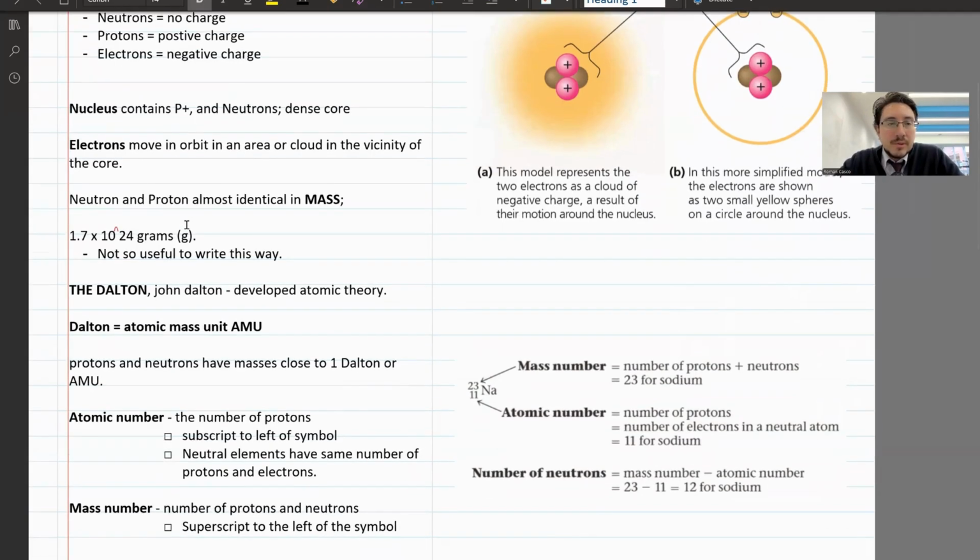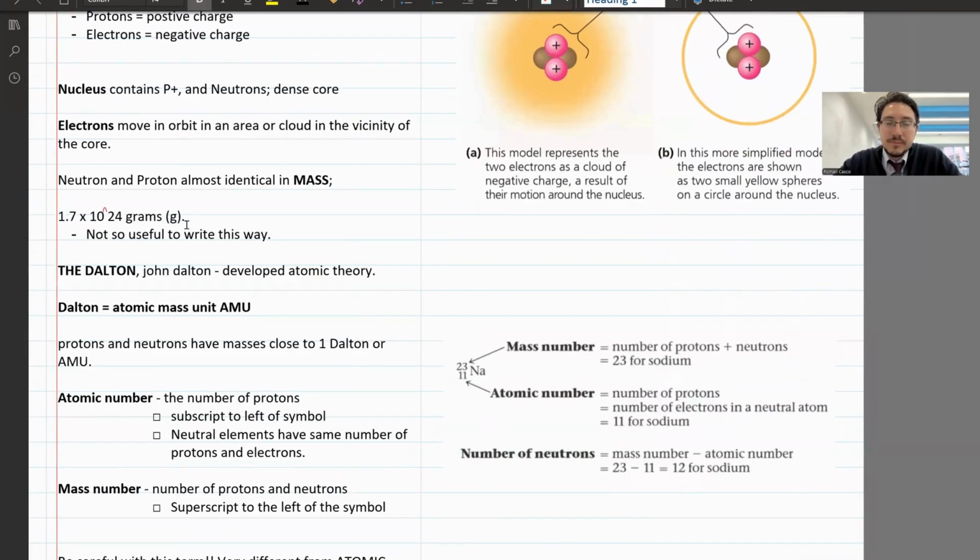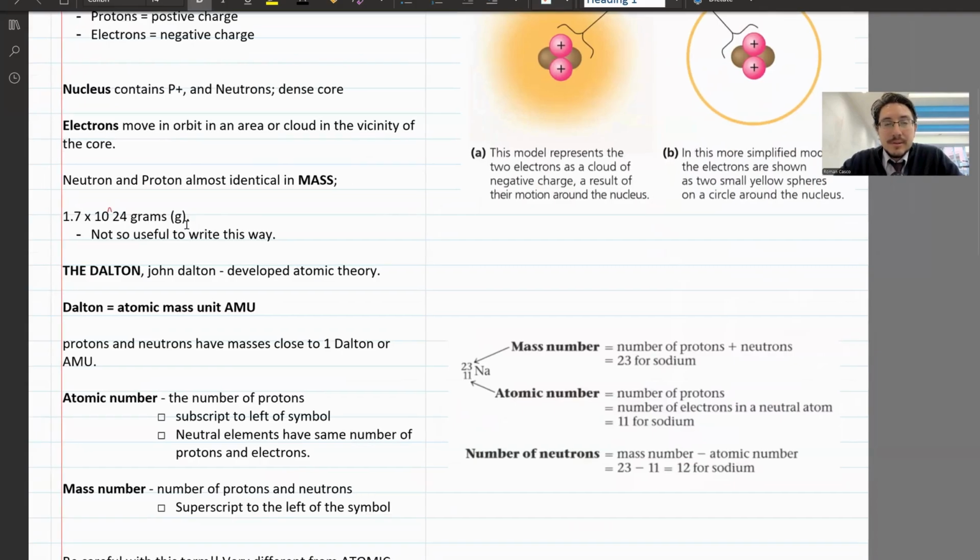Neutrons and protons are the only ones that have a notable mass to be measured. They're large enough that we can detect a mass. Electrons are so light that they're almost negligible to any reading, so we really don't take them into consideration when we're measuring masses of an atom.